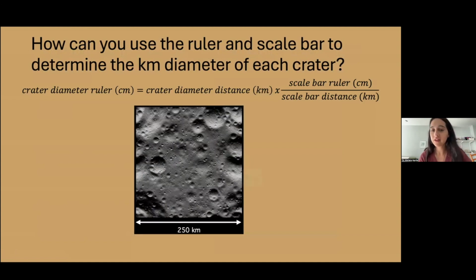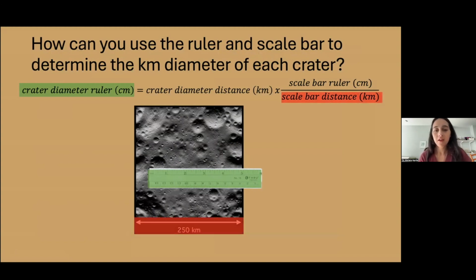So just a clearer example, the diameter from your ruler for the crater size is what you're going to be solving for, in green. And that takes into account the scale bar's distance, so 250 kilometers in this example, and that's multiplied by whatever the scale bar is in centimeters. Is anyone confused about that, or does that make sense?